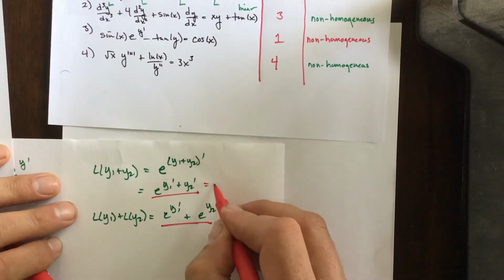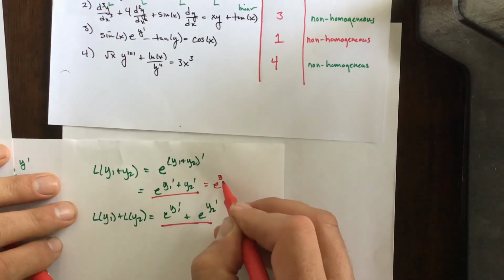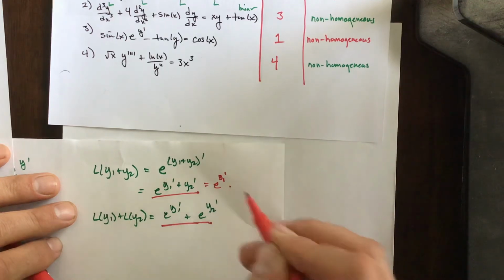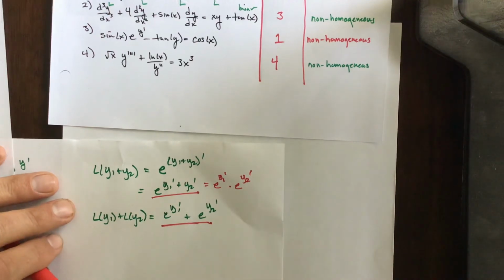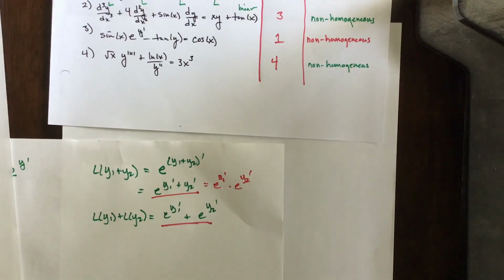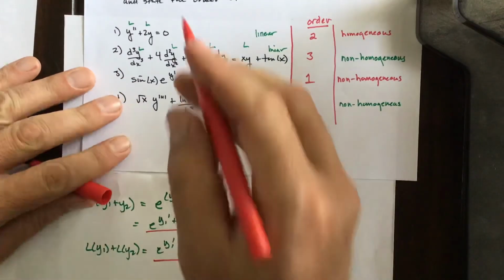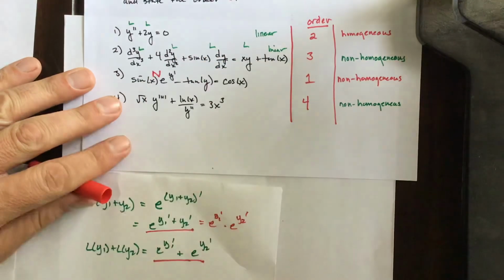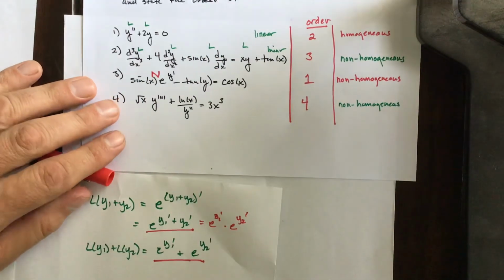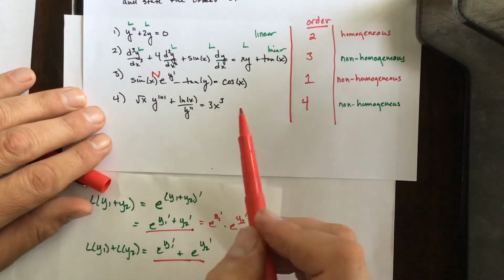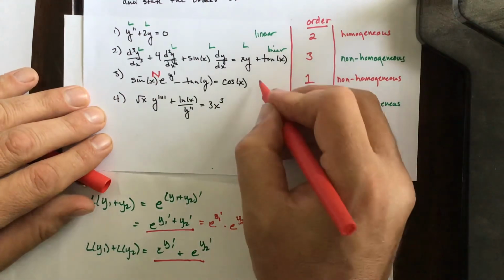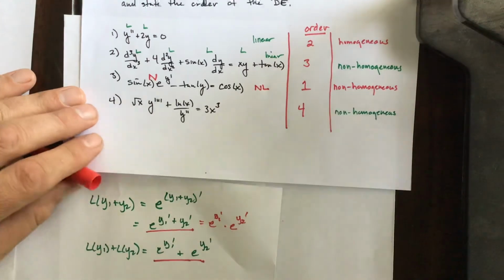So by rules of exponentials, this is equal to e to the y1 prime times e to the y2 prime, which is different than e to the y1 prime plus e to the y2 prime. So this is not linear. Because one term in the differential equation is nonlinear, the whole thing is nonlinear.